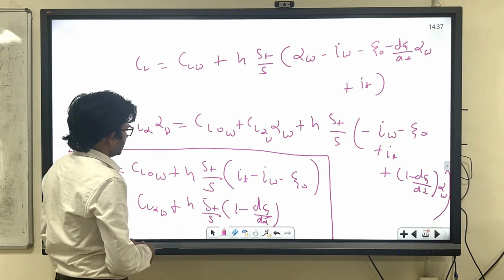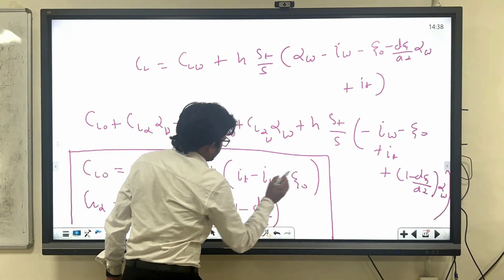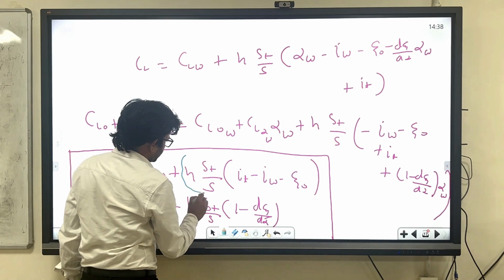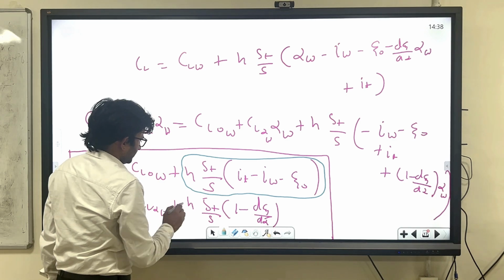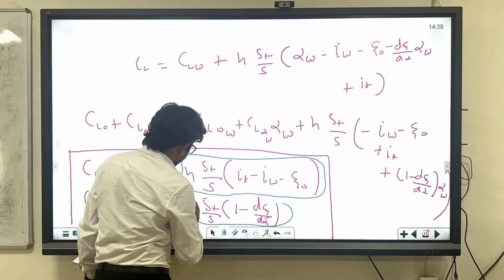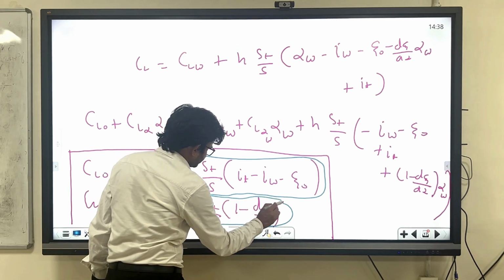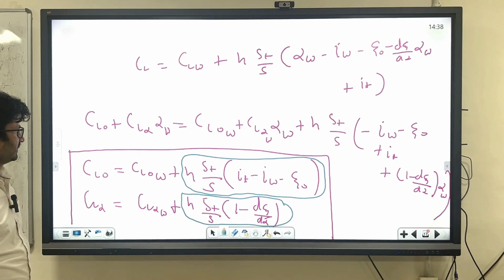So you can see that these are extra parts coming from placing the tail.